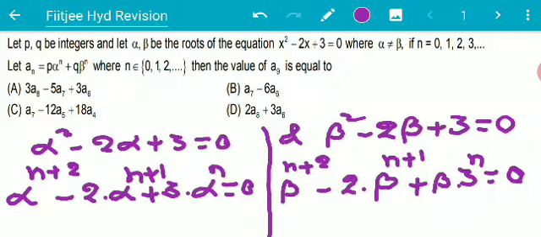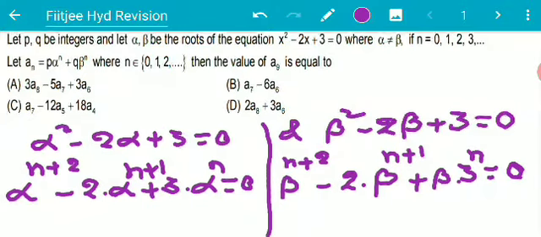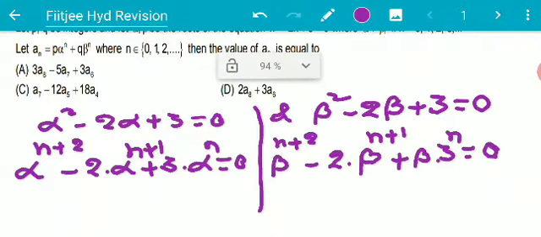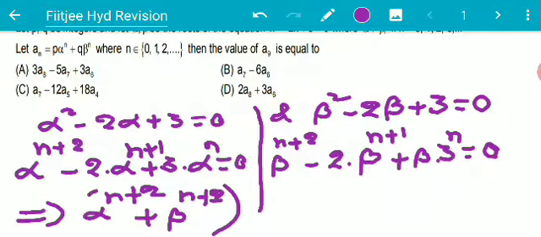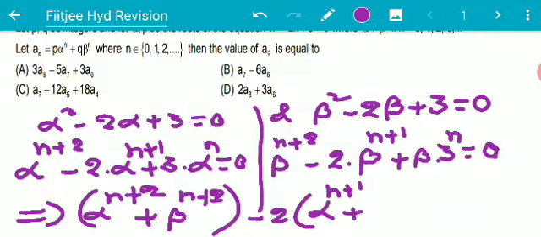Okay, so see here, I am adding these two equations, that is alpha power n plus 2 plus beta power n plus 2, minus 2 into alpha power n plus 1 plus beta power n plus 1.